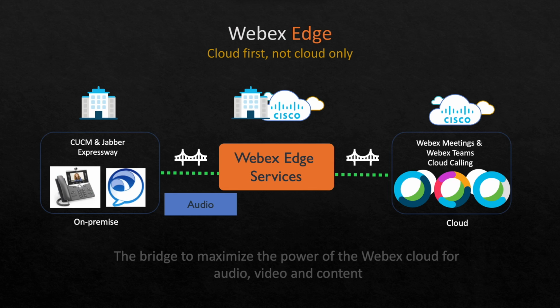Webex Edge Audio supports all CUCM platform solutions, providing high-quality audio by bypassing the PSTN. It also greatly reduces PSTN costs when you do have to place a call over the PSTN by simply leveraging your own PSTN services that you have set up on-prem.